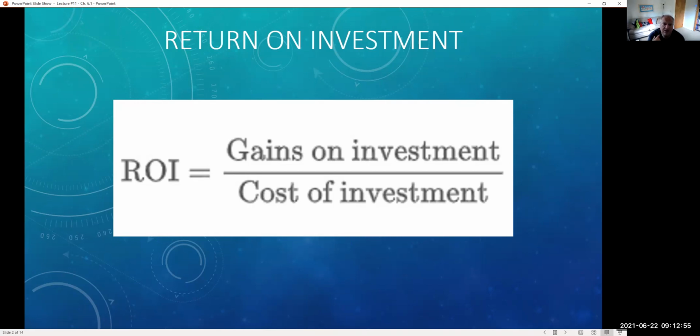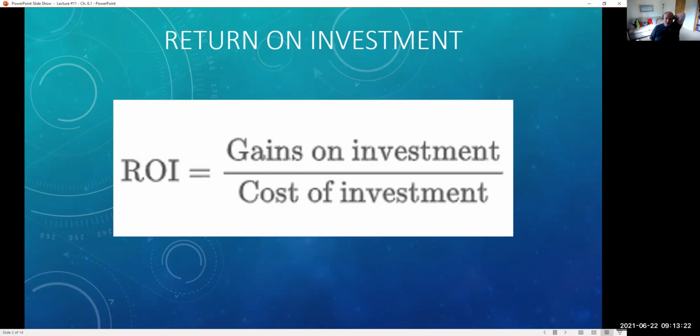And then also we have the cost of investment. So for example, let's say that you open up a mutual fund and you put $1,000 in there. There might have been a $10 fee to get a checkbook or a coupon book, or there might have been a $5 bank fee for a new register or whatever that is. Make sure you add those, because the cost of the investment is the amount of money you are investing, but then any associated fees go along with that.